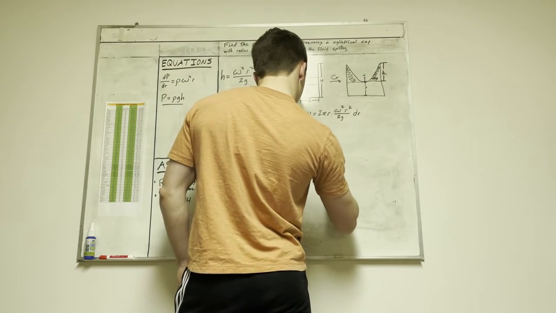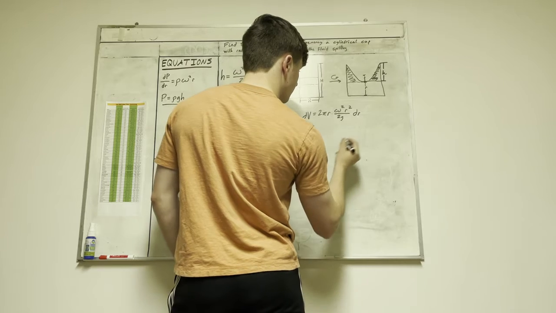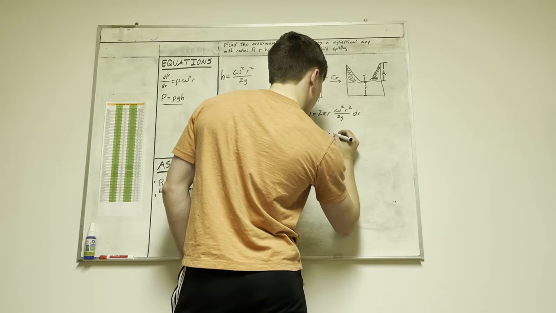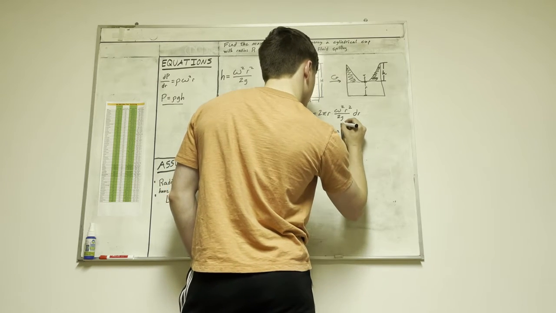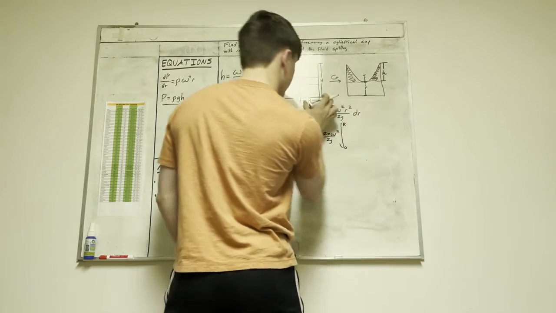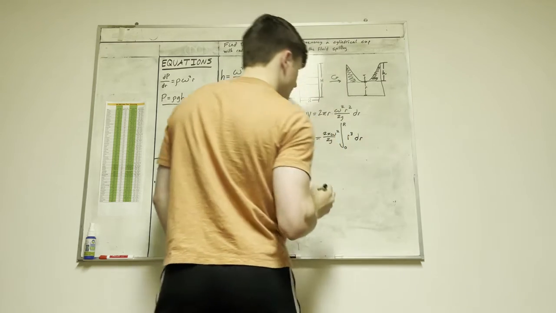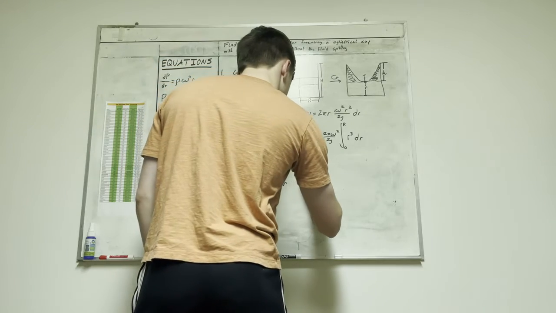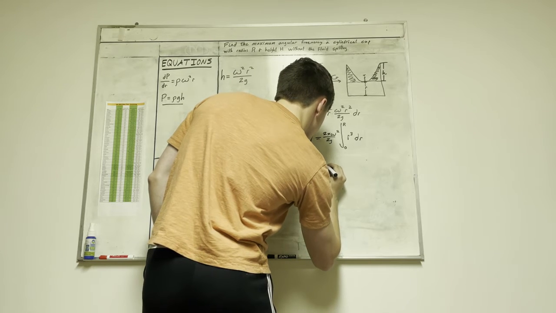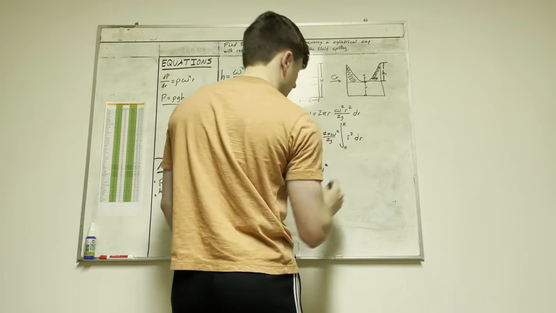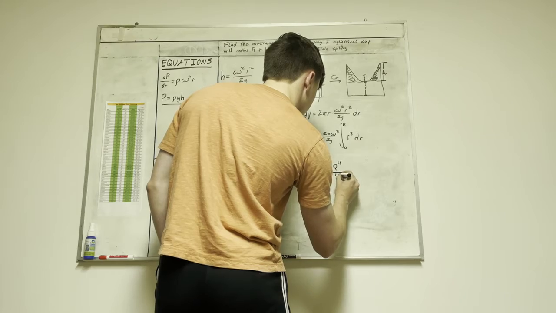So we'll have the integral from 0 to V of dV equals, so then constants are 2 pi omega squared over 2g times the integral from 0 to big R, the radius of the cup, of r cubed dr. So then when integrating, we get V equals pi omega squared over g times big R to the 4th over 4.